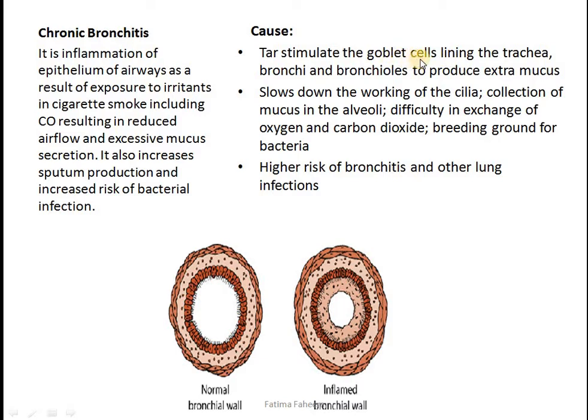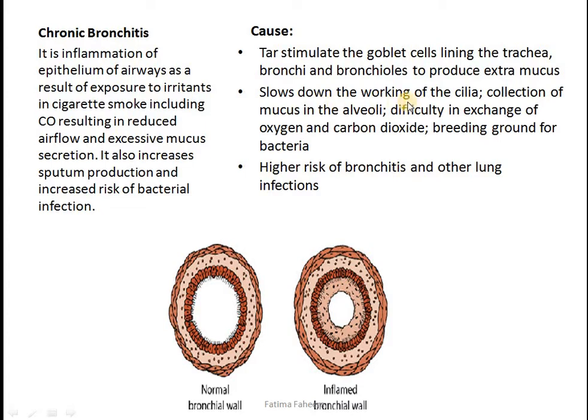Their function is to form mucus so that they can trap bacteria and irritant particles. But what tar does, it overstimulates the goblet cells, which start to produce extra mucus. Tar has already paralyzed the cilia, so this extra mucus won't go anywhere. It will keep on accumulating in the air passages.